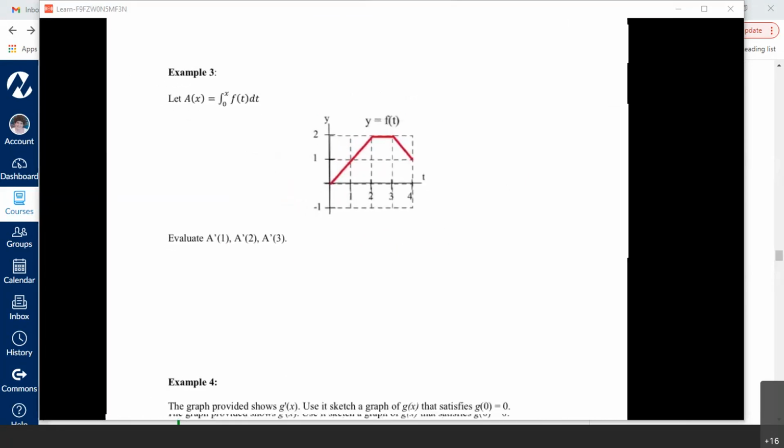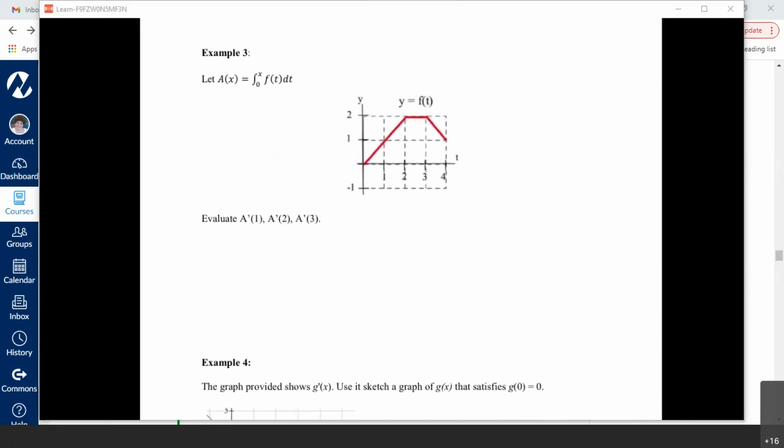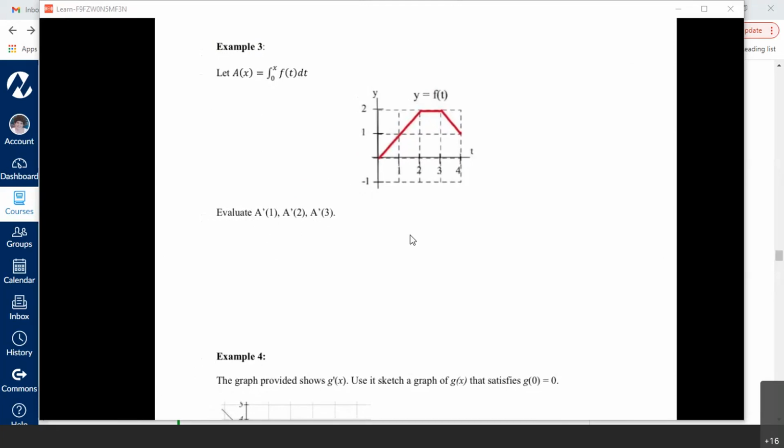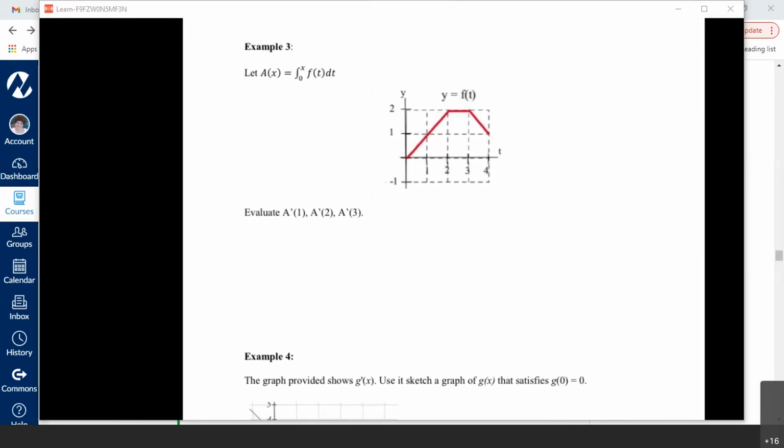We aren't being told what a of 0 is. What we're looking at here are the derivatives of the integral, a concept we'll get back to in a minute. So what's the value of the derivative of a at 1?